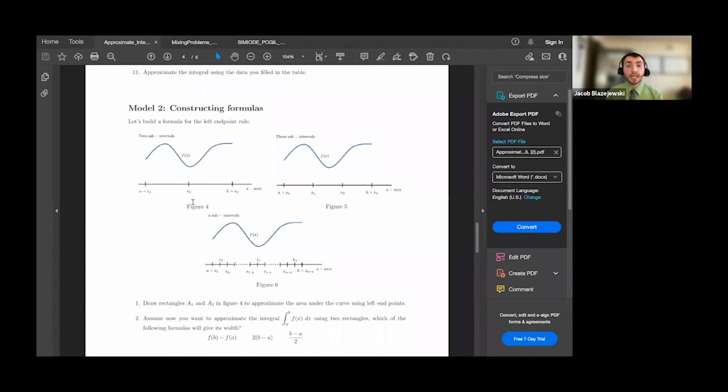We take care to help students develop the idea of an arbitrary number of intervals, which can be really tricky for students to get the abstraction piece correctly.